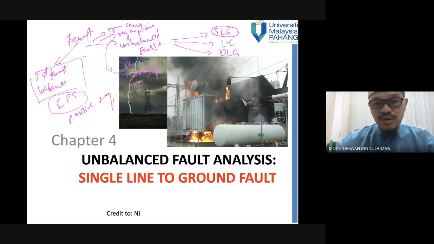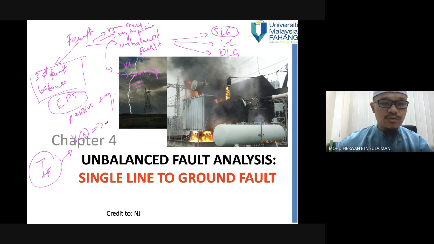Okay, so today we will look at how we want to analyze the single line to ground fault. As I said previously, the main important thing is we want to find the fault current, IF. Normally the V pre-fault, we know already, is given as 1 per unit. So the important thing is we want to find the Z Thevenin or the equivalent impedance.